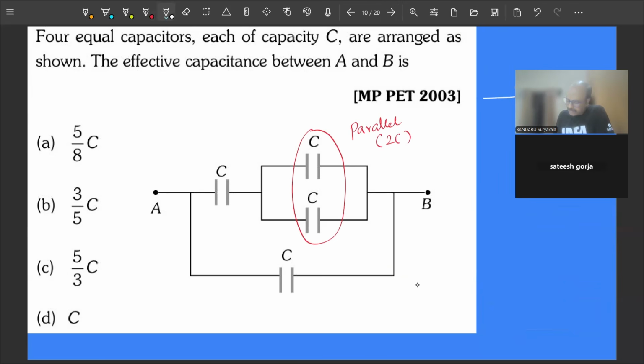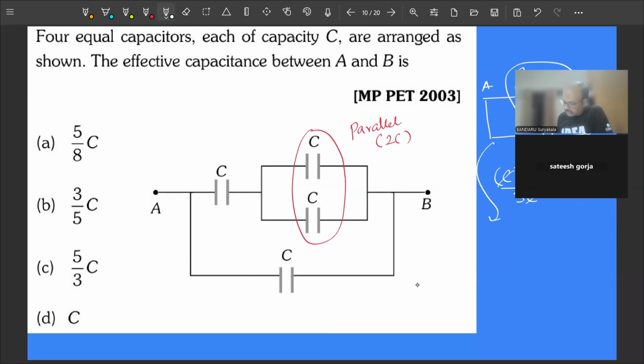This is one capacitor C, this is one capacitor 2C. This is A. Now they connected one more capacitor here, C. This is B. Now these two are in series. Series means 2C into C by 3C, C gets cancelled, becomes 2C by 3.